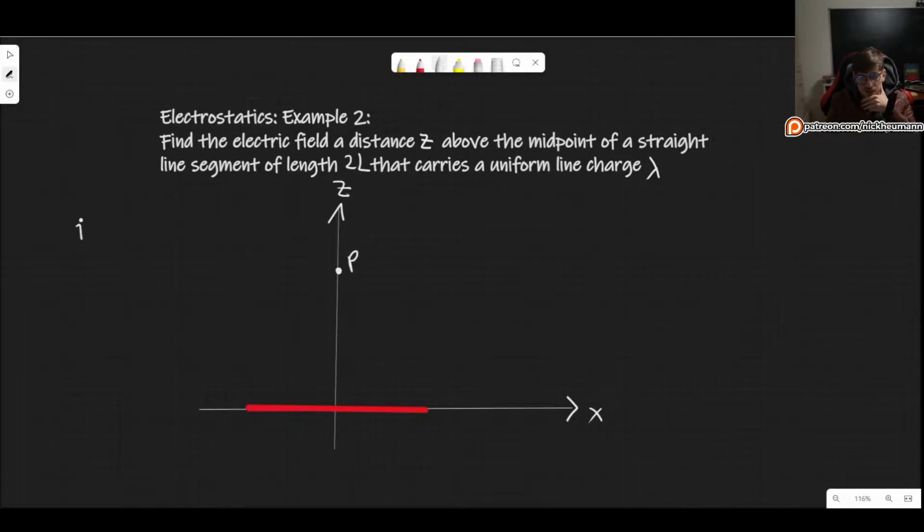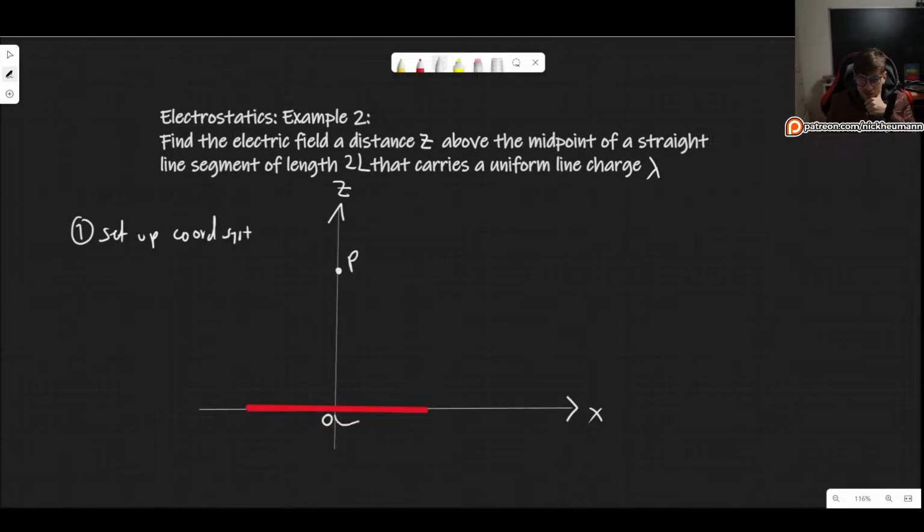Okay, so how do we deal with this problem? As we mentioned, first we set up our coordinate system. That's the first step. The most convenient thing is to set up our 0 right underneath the point of interest, that is, above the midpoint of this straight line segment.